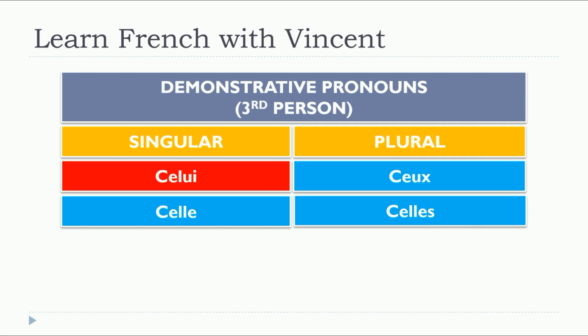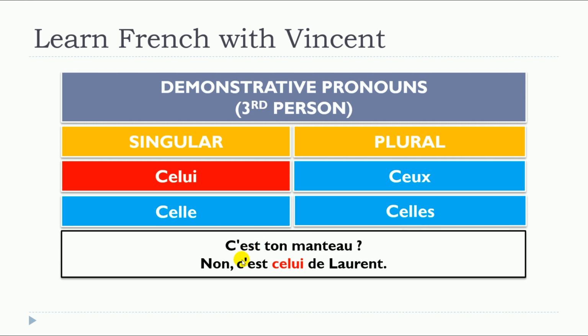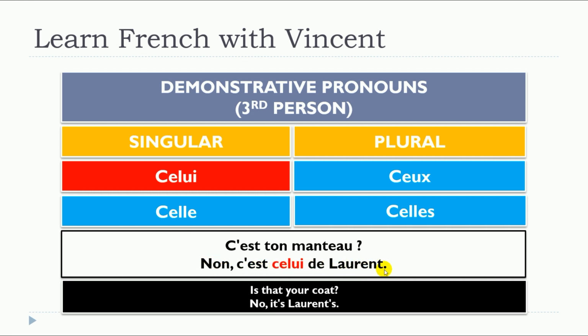So let's take now one example with celui. C'est ton manteau? Non, c'est celui de Laurent. As you can see, we first use the demonstrative pronoun, celui. We put the masculine singular because we're talking about ton manteau.